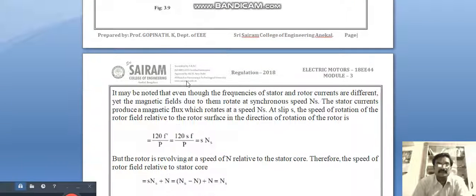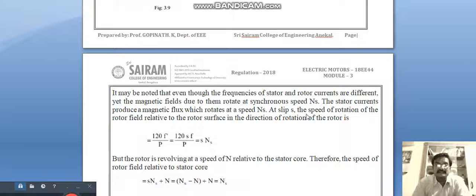It may be noted that even though the frequencies of the stator and rotor currents are different, yet the magnetic fields due to them rotate at synchronous speed Ns. The stator currents produce a magnetic flux which rotates at a speed Ns.